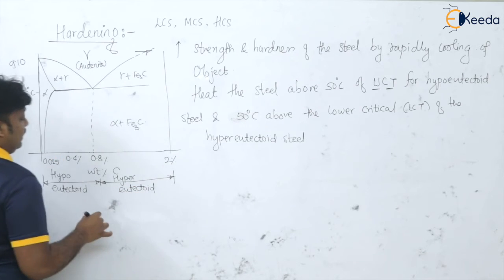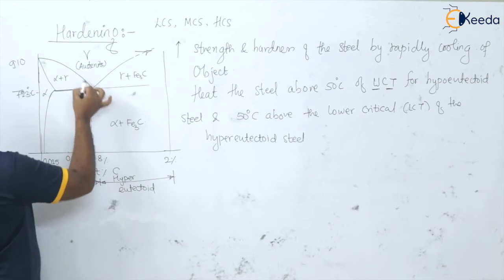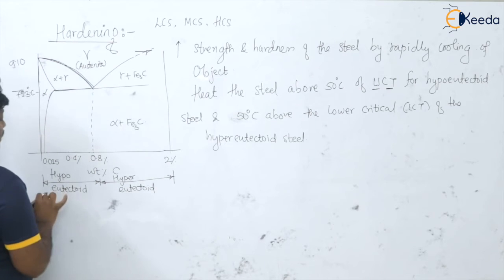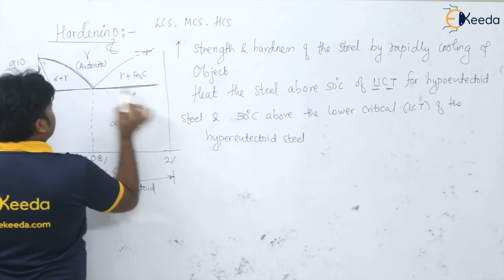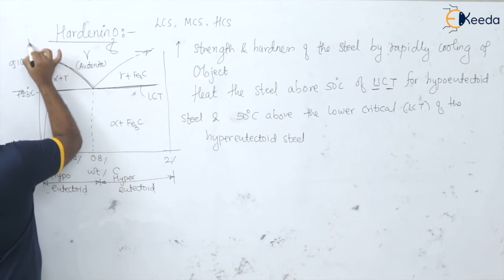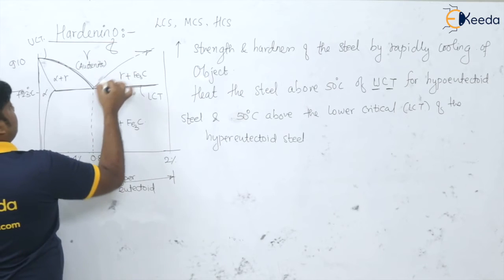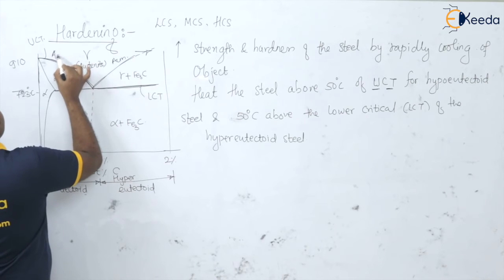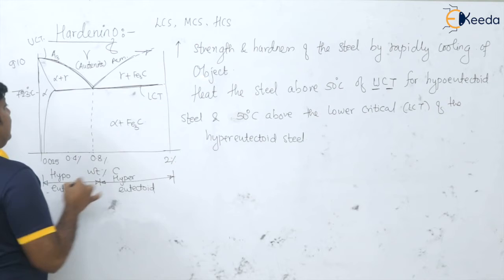So in hardening, we are heating the steel specimen 50 degrees centigrade above. This is the upper critical temperature for hypoeutectoid steel, and this is the lower critical temperature. This is the lower critical temperature line, and this is the upper critical temperature line. So this is the A2 line, this is the A3 line, and this is the ACM line, the last trace of cementite. This is the last trace of ferrite, and this is the A2 line, isn't it?